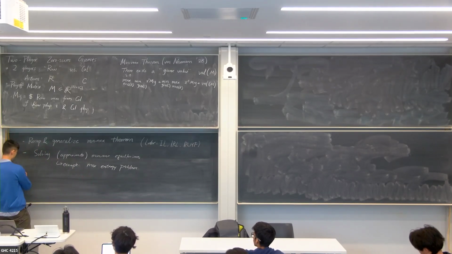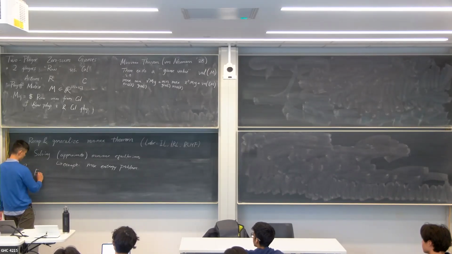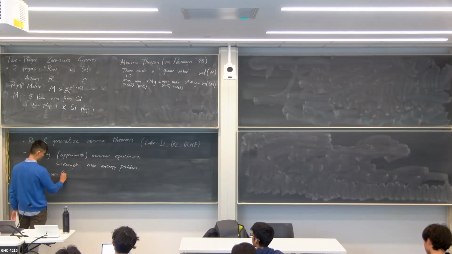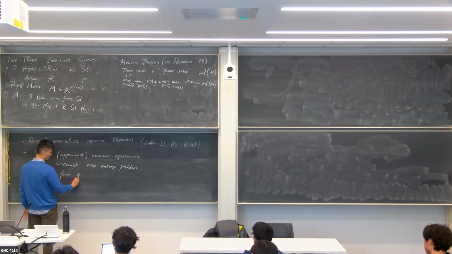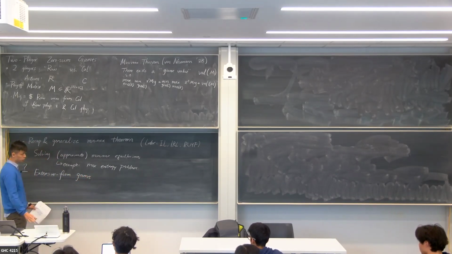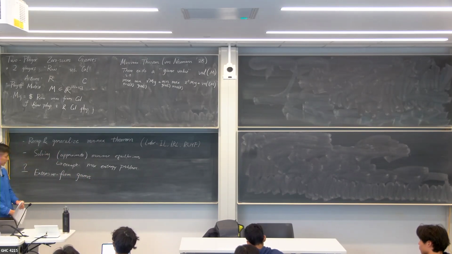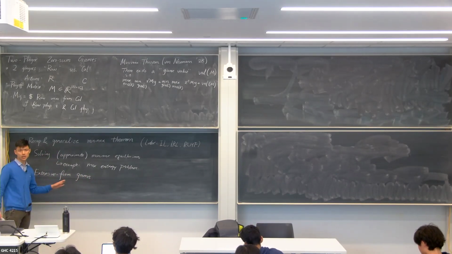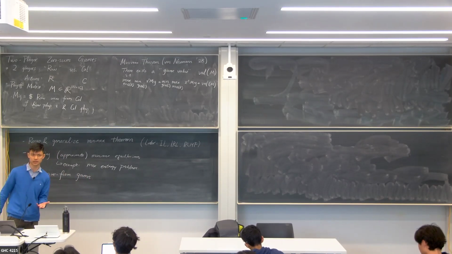At the end, if there's time, we'll talk a little bit about extensive form games. We probably don't have time to get into full-blown details of what extensive form games are. It usually takes a few lectures to go through these ideas because it's a dense topic in terms of notation.